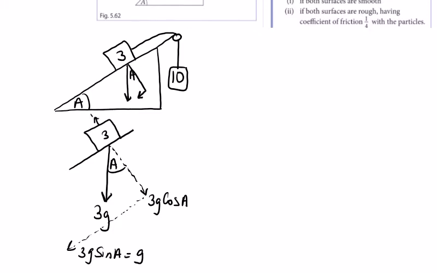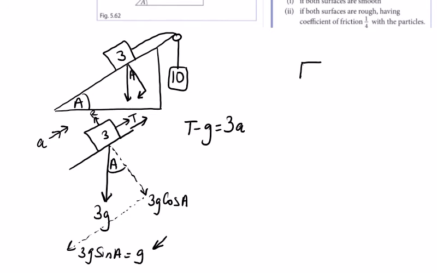We have my reaction in this direction, and it's a smooth surface, and we have a string going in this direction. So if we resolve my forces, T minus g, my T going in this direction, minus my g going in that direction, is equal to MA, which is 3A, going up the slope.